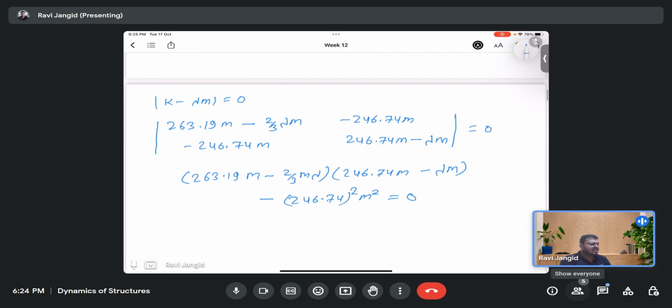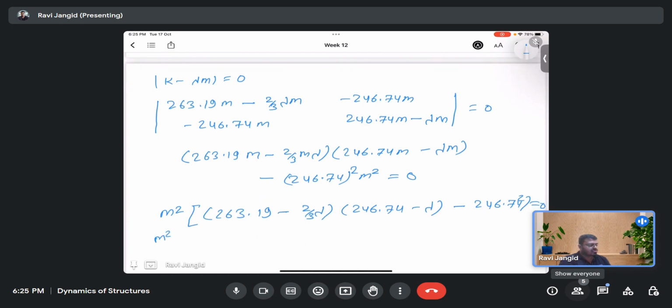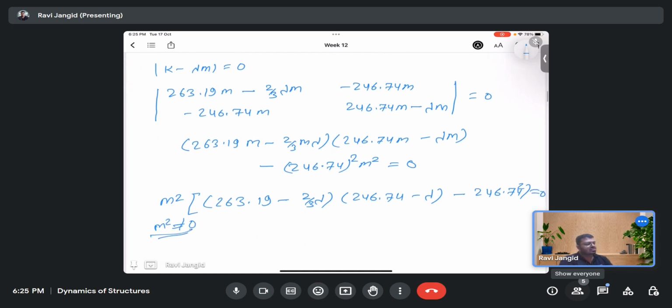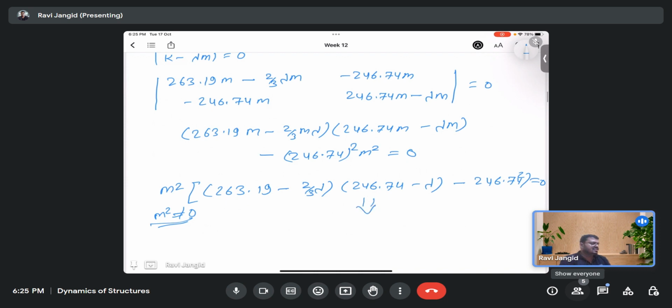So if I take the M outside, that would be M square. So that would be 263.19 minus 2 by 3 lambda, into 246.74 minus lambda, minus 246.74 square is equal to 0. M square cannot be 0, so this part will be 0. Solve this and give me lambda 1 and lambda 2. Please solve this.